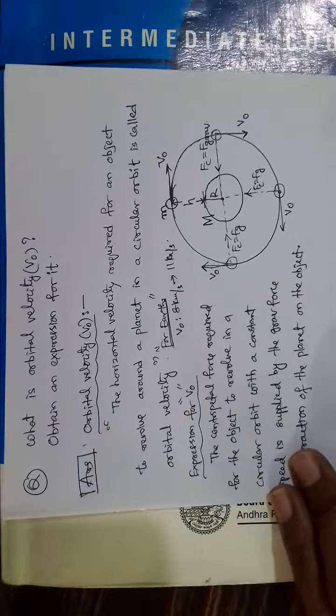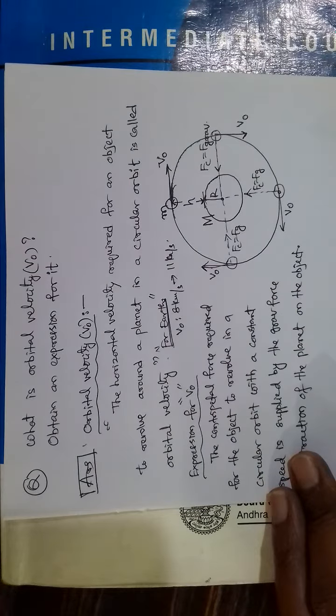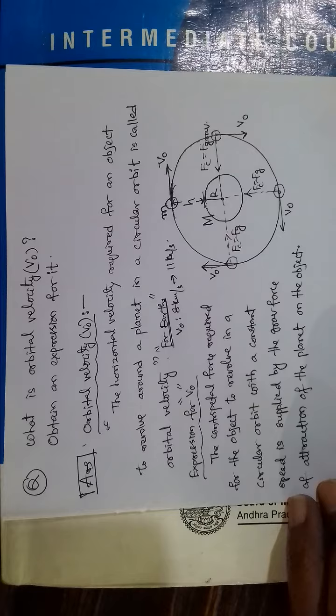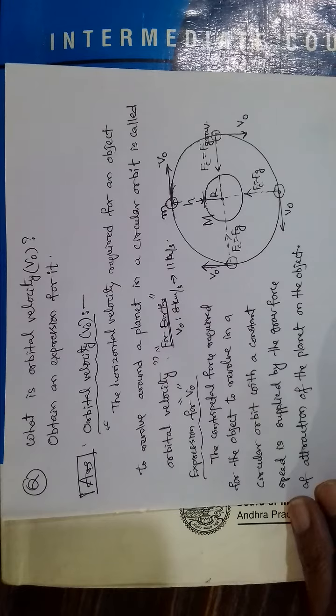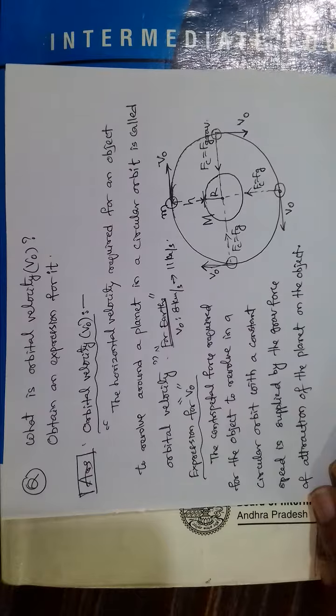In this range it is. So sufficient horizontal velocity must be given to the object, then only it can acquire sufficient centripetal force, and only when the centripetal force equals the gravitational force of attraction between the object and Earth, then only it can move around the Earth in a circular orbit.